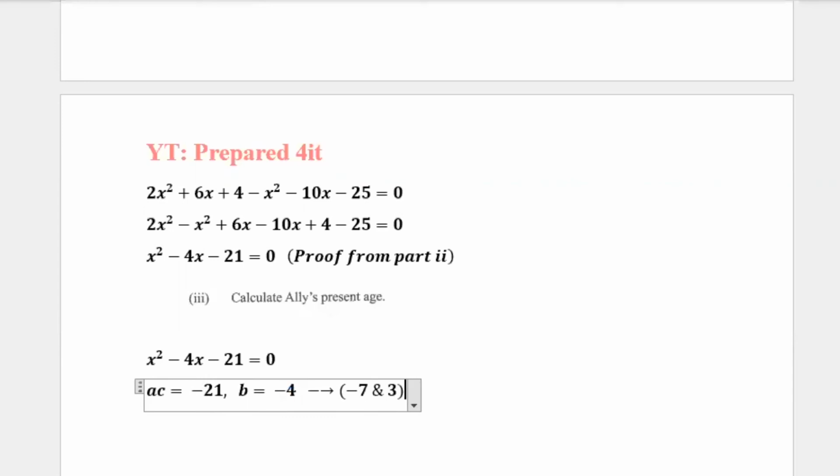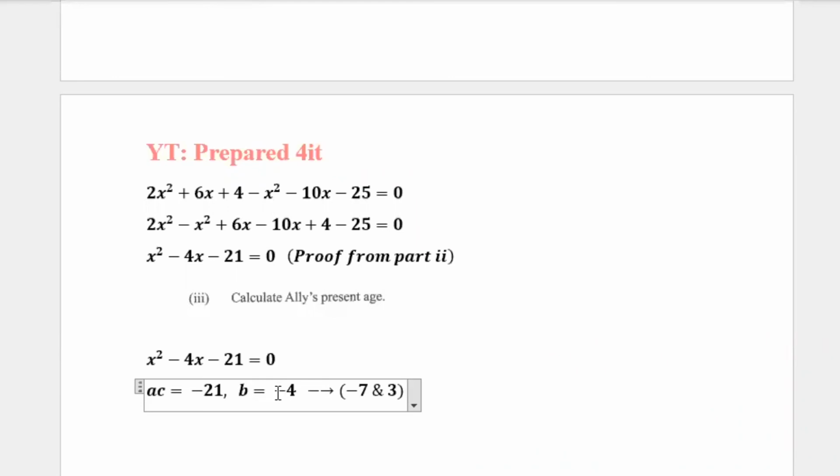Now, if you realize that our B term is negative, because our B term is negative, we apply the negative sign to the larger number. Because remember, if we add 7 plus negative 3, we would get a positive 4, and what we really want is a negative 7.